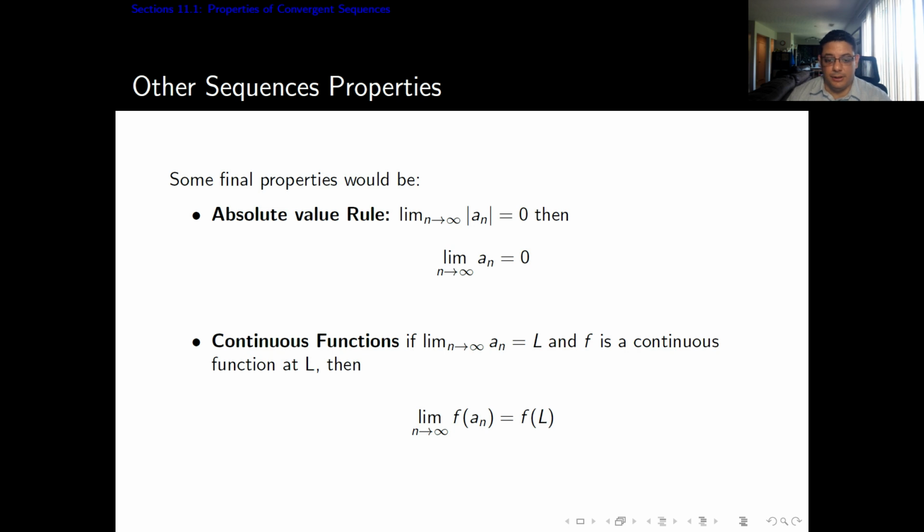Also, if continuous functions are involved with the sequences, and the limit as n goes to infinity of a_n is L, and f is a continuous function, then the limit as n goes to infinity of f of a_n is f of the limit. So we can play with multiple properties here. It's not only the power, but we can also have a square root, exponential, logs, and a bunch of other functions that we can use with the limits of sequences.